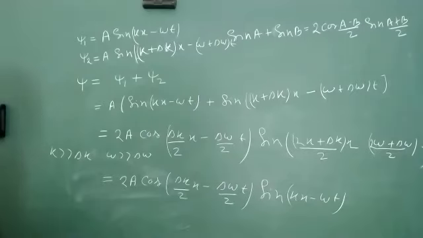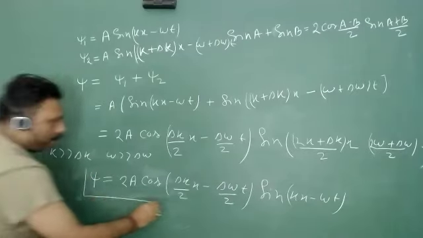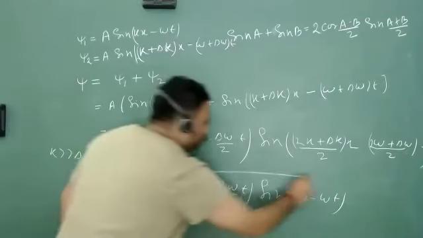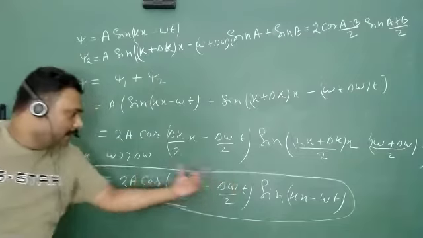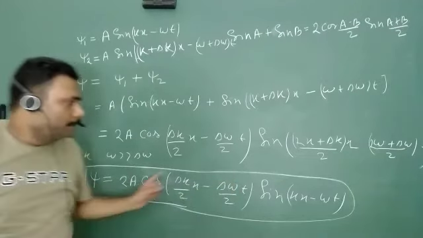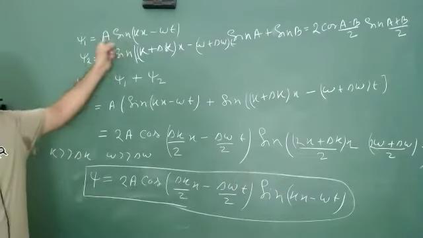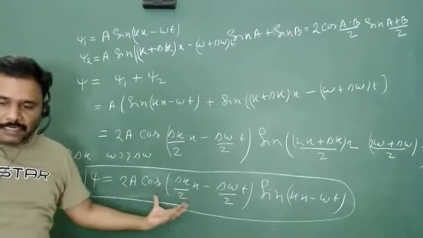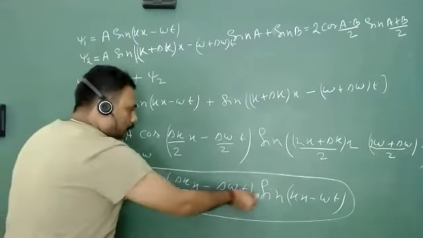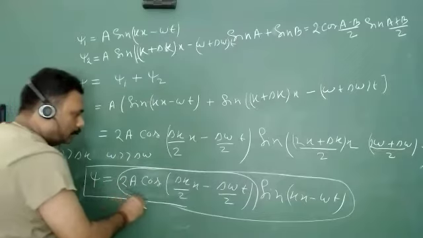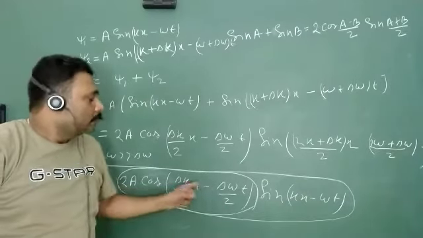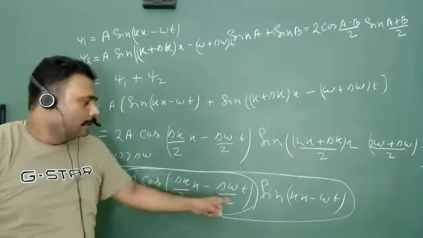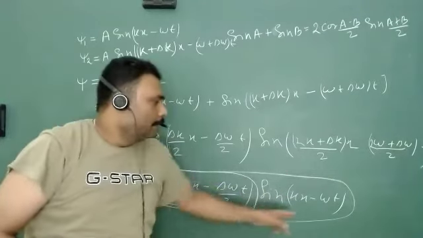Now look at what you have got. This is the psi. This is basically the amplitude term; the amplitude term is going to transform. This is the new amplitude term, 2a cos(delta k by 2 into x minus delta omega by 2 into t), and this part remains the same.